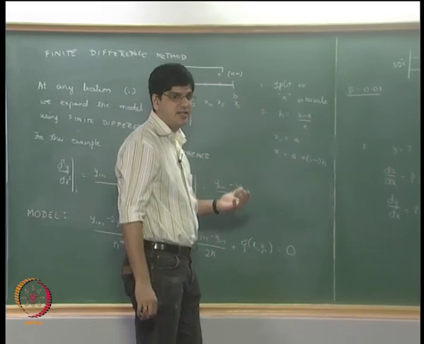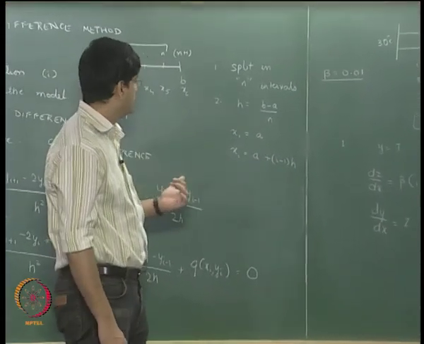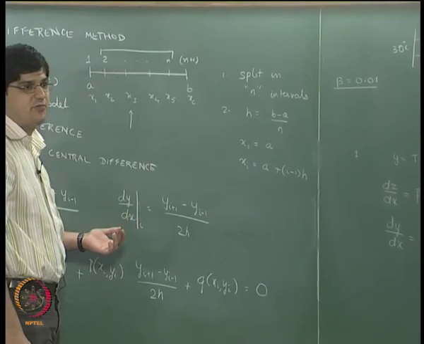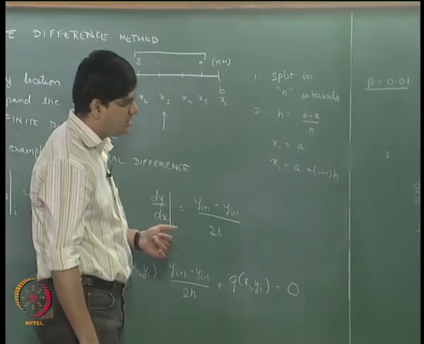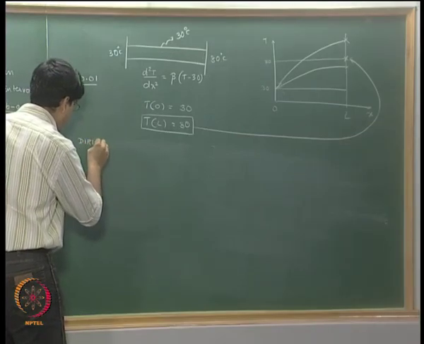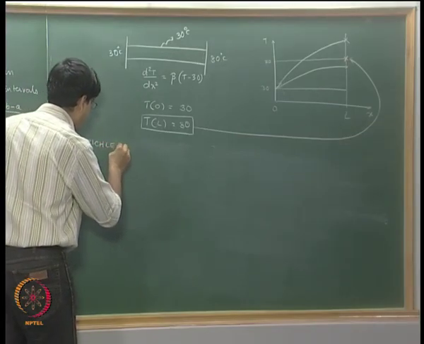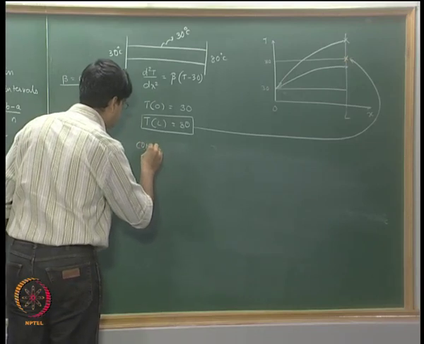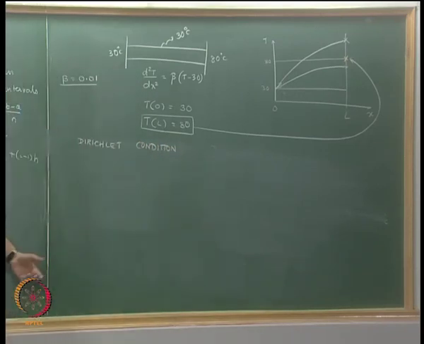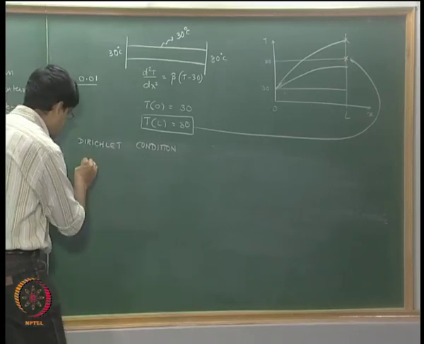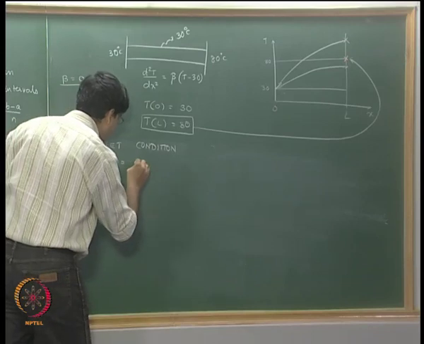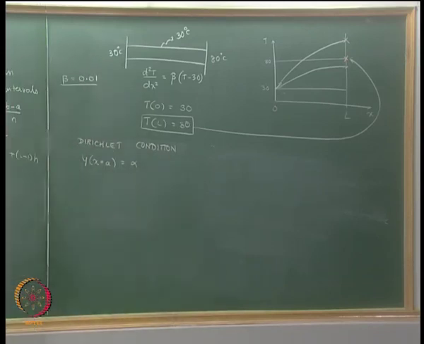Okay. Our boundary conditions are next. If we have the Dirichlet type of boundary conditions, they are going to be very straightforward to handle. If we have the Neumann type of boundary conditions, they are going to be a little bit trickier to handle. The Dirichlet condition, for example, is going to be y at x equal to a equal to some value alpha.